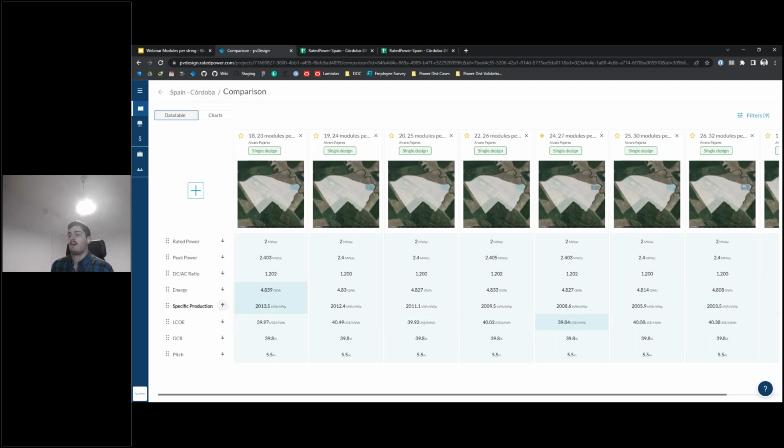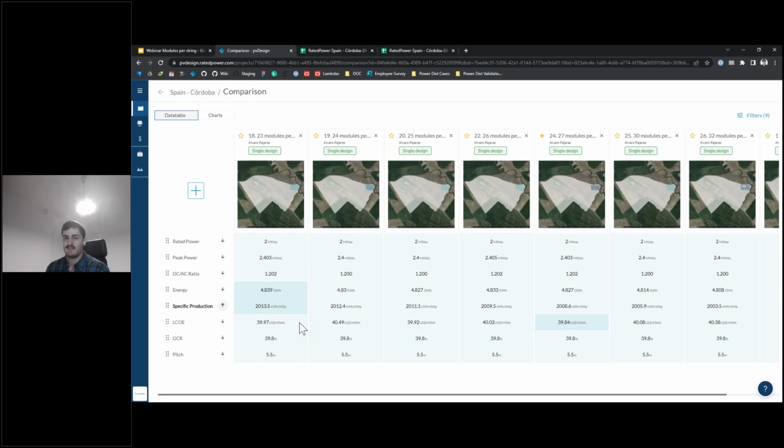If we are trying to find the best design in terms of specific production, we will see that the best number of modules per string is 23. We may be a bit confused because normally we say that the best value is the upper one, but in this case we are having the lower value from the range that pvDesign recommended.